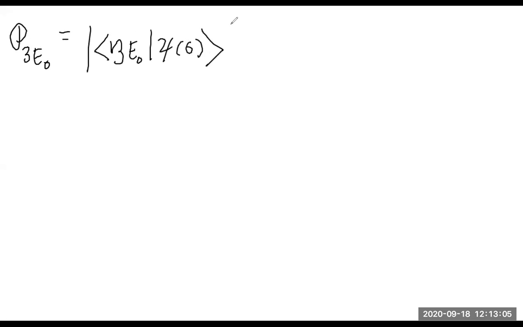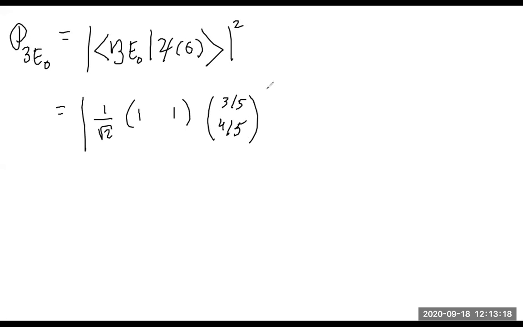Let's find the probability of measuring 3 E naught, which I hope is 98%. That's what we would hope. It's the absolute value of the inner product of 3 E naught with psi of 0, squared. So this, of course, was still 1 over the square root of 2, 1, 1, with 3/5, 4/5, quantity squared.